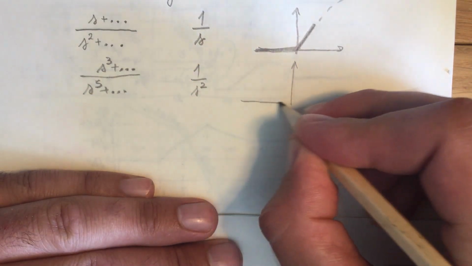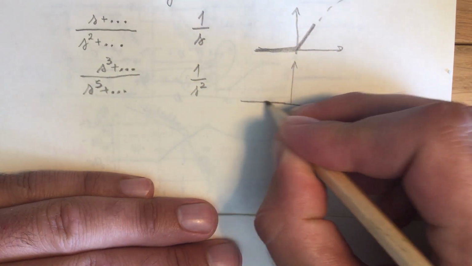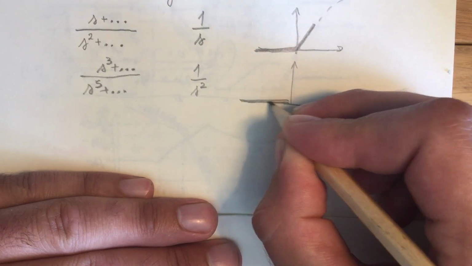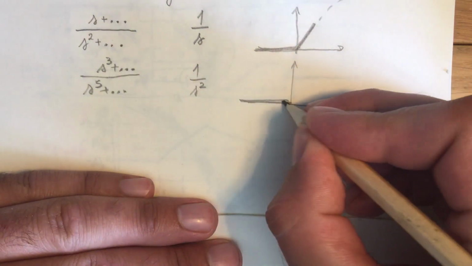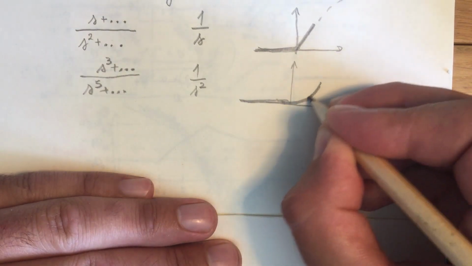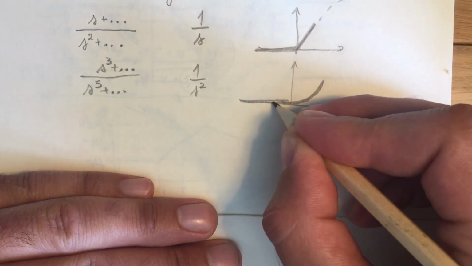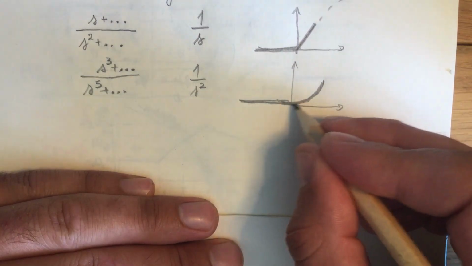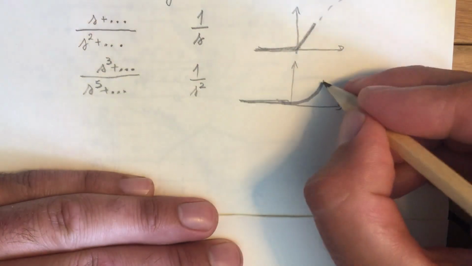And how does this step response begin? Remember that the step response of this is given by a parabola. So we will have an output that is continuous and has a continuous derivative here.